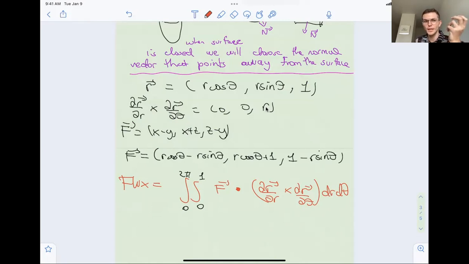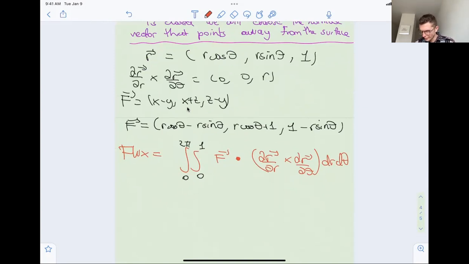This vector has the Jacobian itself, so the Jacobian is contained in the vector. That's why you don't have to put an r in front of the dr d theta, because that's counting it twice. Is that making sense? There's no need for an extra r. The r is already baked into this computation of the cross product. Is that okay?